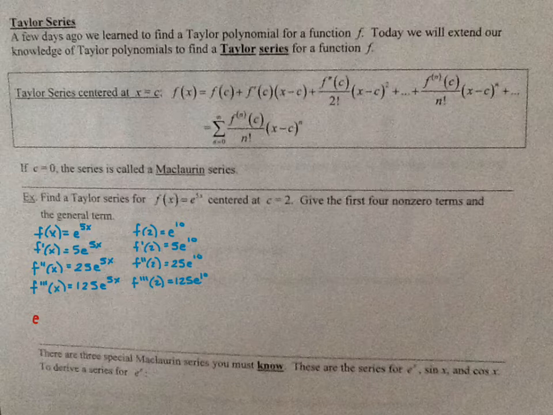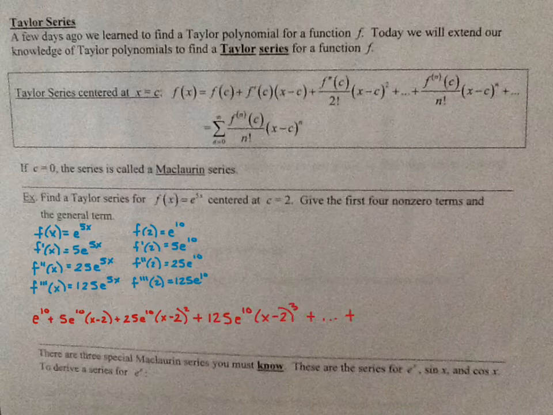We start with e to the 10th, and then we add 5e to the 10th times x minus 2 plus 25e to the 10th times x minus 2 squared plus 125e to the 10th times x minus 2 cubed plus ... And then don't forget to divide by factorials.